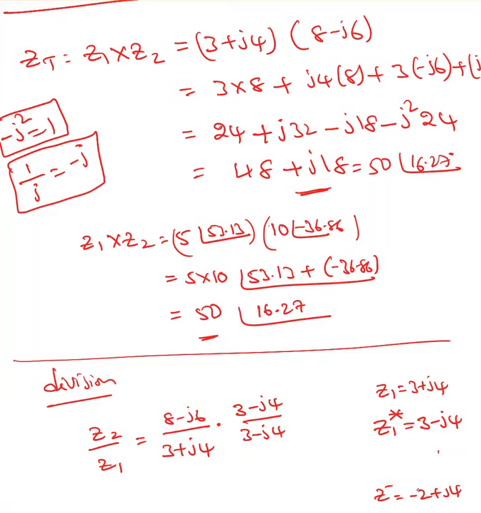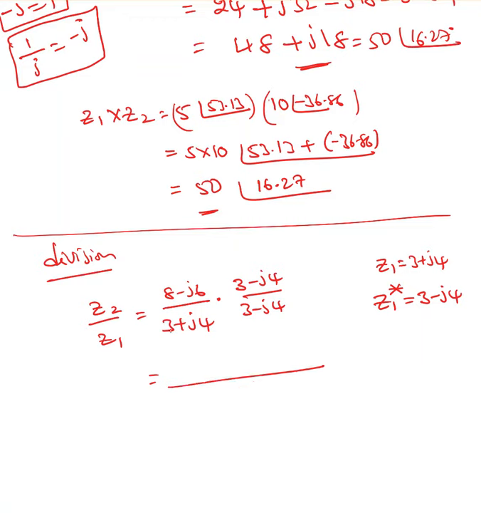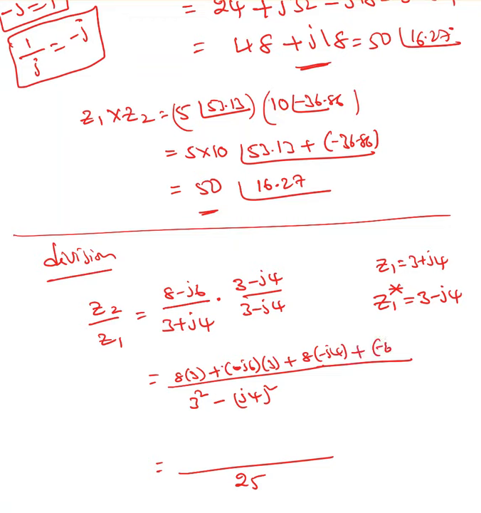Now in the denominator I have a plus b and a minus b, so 3 squared minus j4 whole squared. So 3 squared is 9, minus j squared is positive, 4 squared is 16, so it's 25. Same thing, 8 times 3 plus 8 times minus j4 plus minus j6 times 3 plus minus j6 times minus j4.